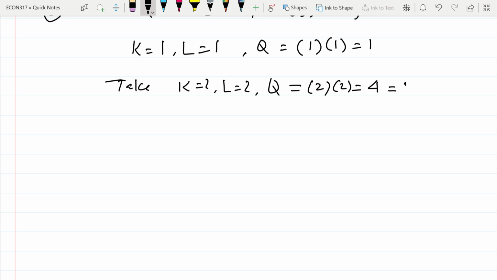So this is 4 times Q when K was 1, L was 1. So increasing returns to scale.